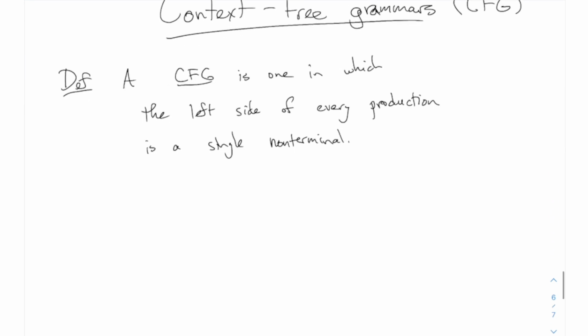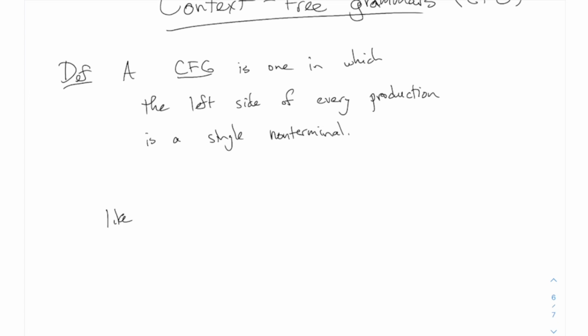So I will just say it like, X goes to a, b, X, Y. That would be allowed. That is allowed in a context-free grammar. All it is, is that the left side of the arrow is a single non-terminal.